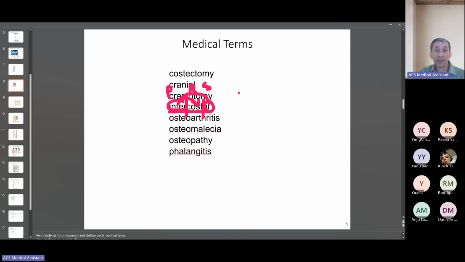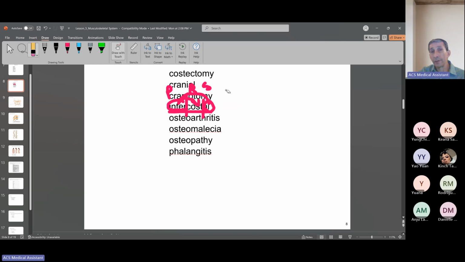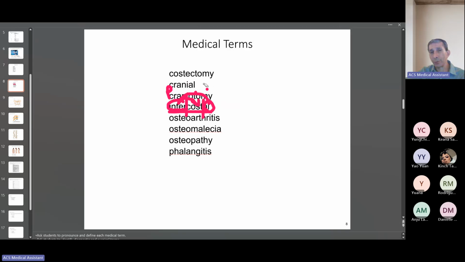We have the intercostal space. Remember when we were placing those electrodes? Intercostal space number 4, which is the mid-clavicular, then the 5th intercostal space, the 6th intercostal space. It's very important because we can use these terms in certain procedures that you as a medical assistant are going to perform.